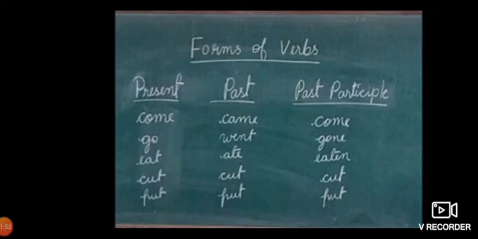Now, if I talk about the first form of the verb in present, that is eat, then comes the second form of the verb, that is ate, and then the past participle, the third form of the verb, that is eaten. Same with the other action words. So there are many action words like come, came, come, go, went, gone.